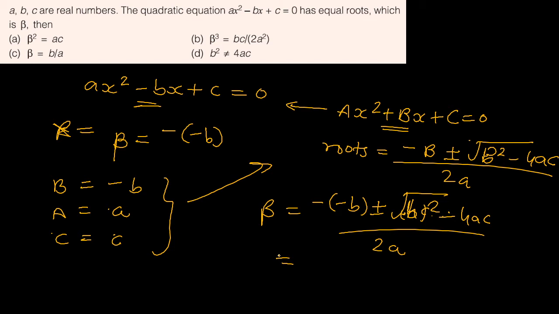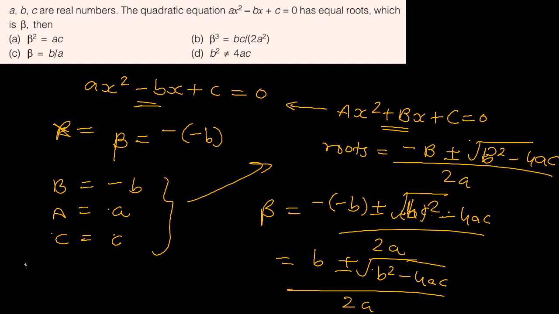Because both the roots are equal, let's further simplify this expression: plus or minus under root b square minus 4ac divided by 2a. For this to be true, this root term should be 0.